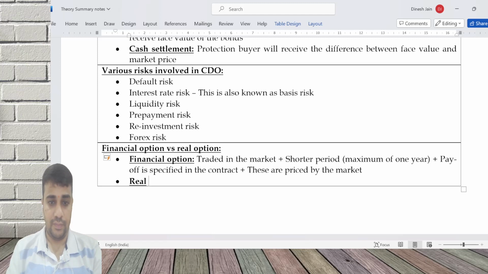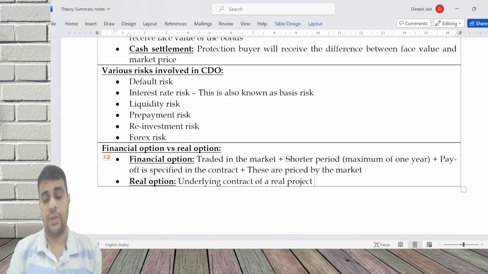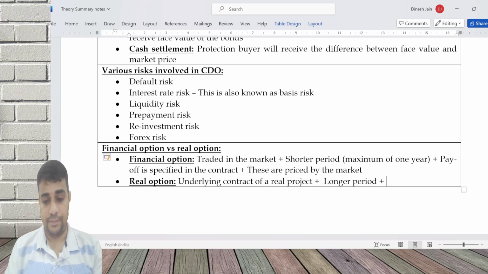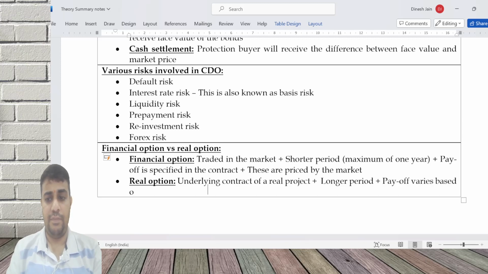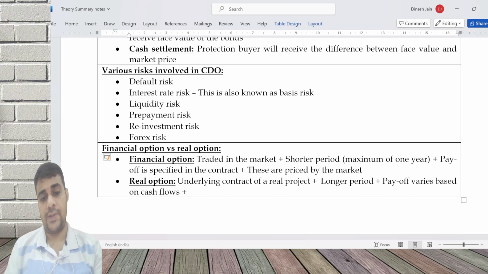Real option: underlying contract of a real project, longer period, payoff varies based on cash flows.